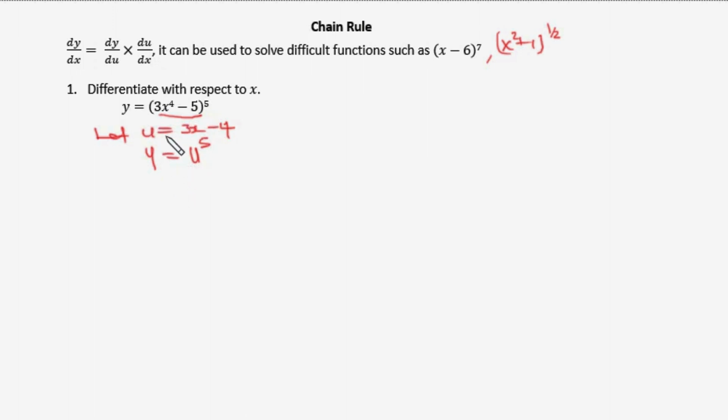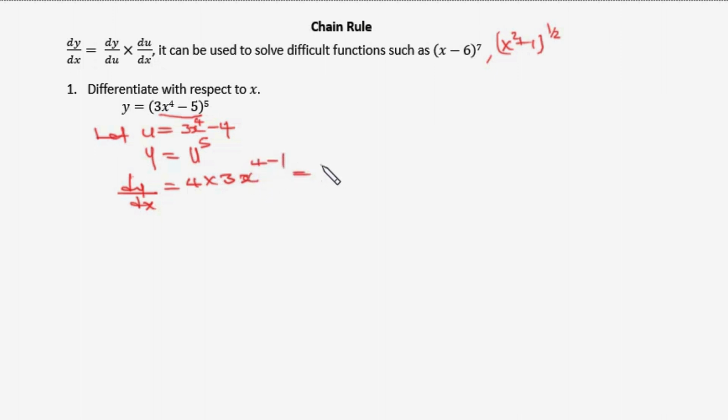So we try to differentiate each of these, du/dx and dy/du. Differentiating, du/dx is (3x) raised to the power 4, so 4 times 3x, and then we subtract the power, 4 minus 1.